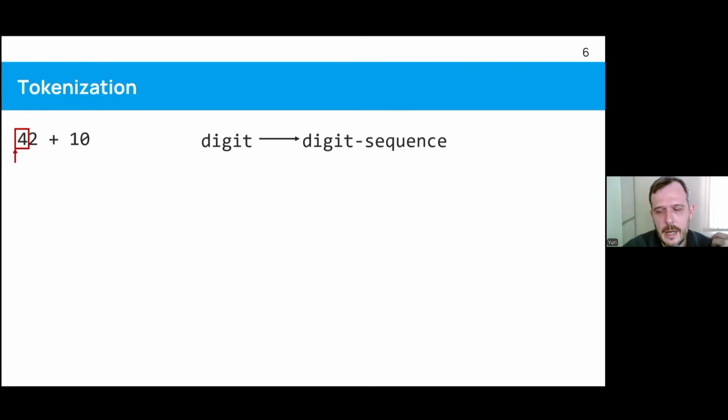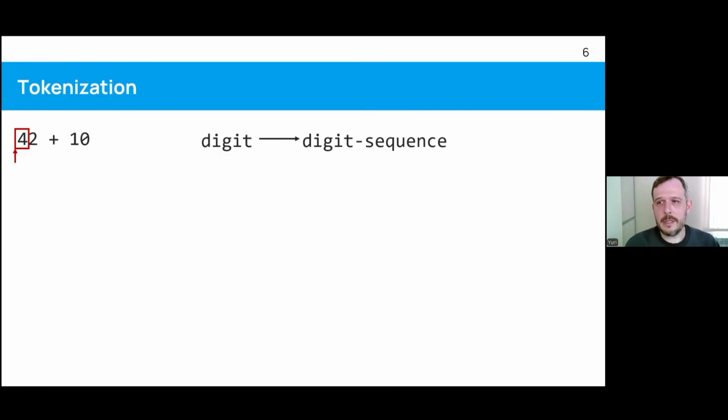And since the sequence will continue for as long as we move our position, which is movable, and for as long as we see another digit at this position, it will continue processing a digit sequence.